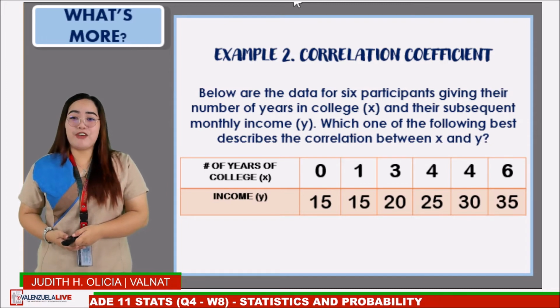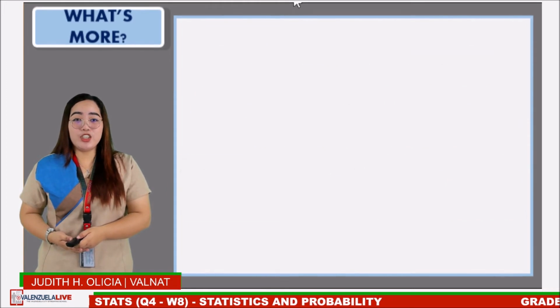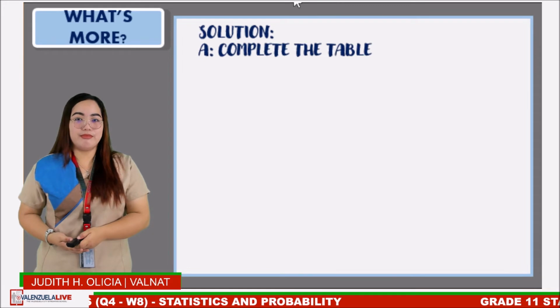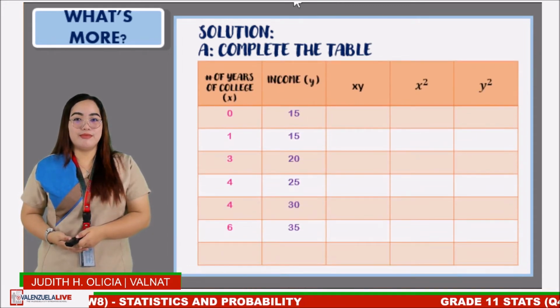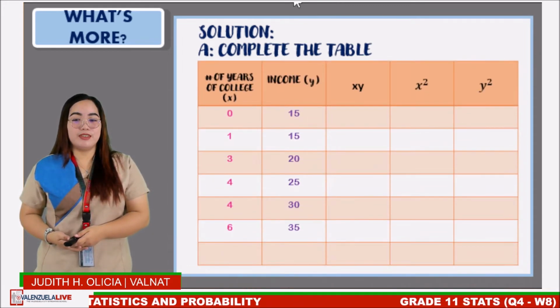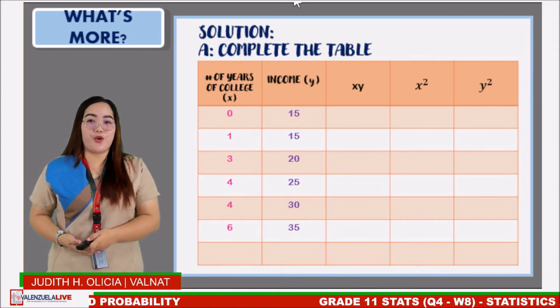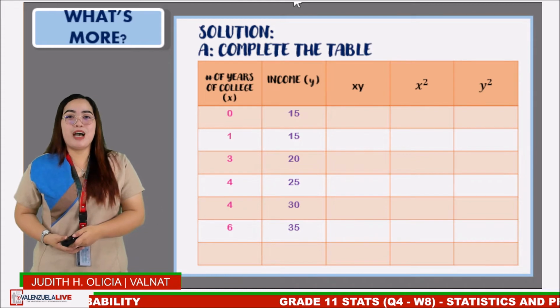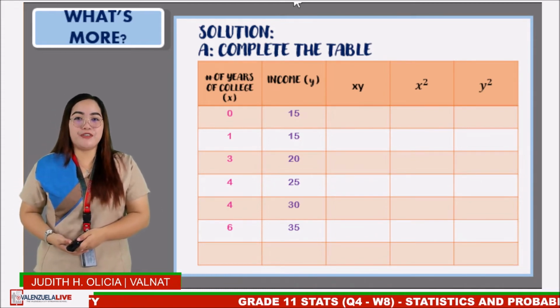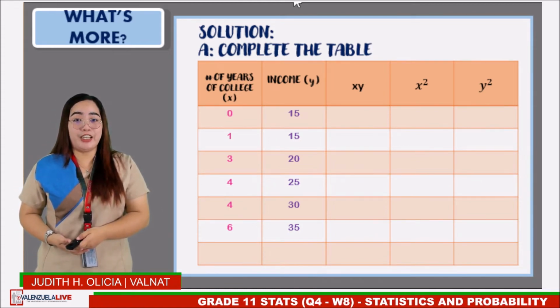In finding the value of r, we need to complete the table. For the values of X, we have 0, 1, 3, 4, 4, and 6. And for the values of Y, we have 15, 15, 20, 25, 30, and 35.